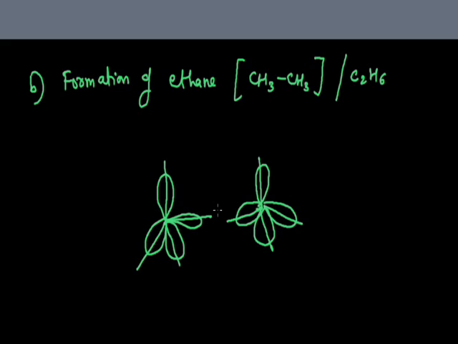These are the two carbon atoms in ethane molecule which are sp3 hybridized, and now the overlapping will take place in such a way that 3 hydrogen 1s orbitals will combine with 3 sp3 hybridized orbitals of one carbon. Similarly, for the second carbon, 3 hydrogen will combine and the rest of the 2 carbon orbitals will overlap with each other to lead to the formation of sigma bond.